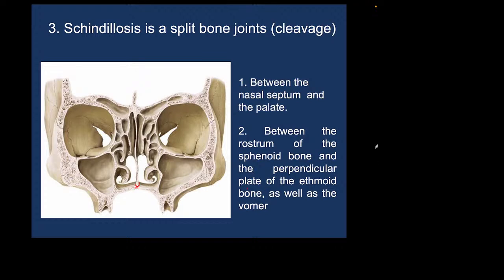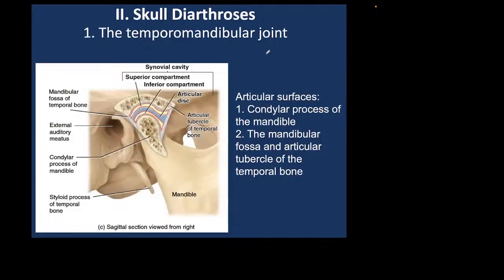That is when one bone has a split and another bone comes into connection with the split bone, and the common name is schindylesis. And usually we find schindylesis only between the facial bones of the skull.